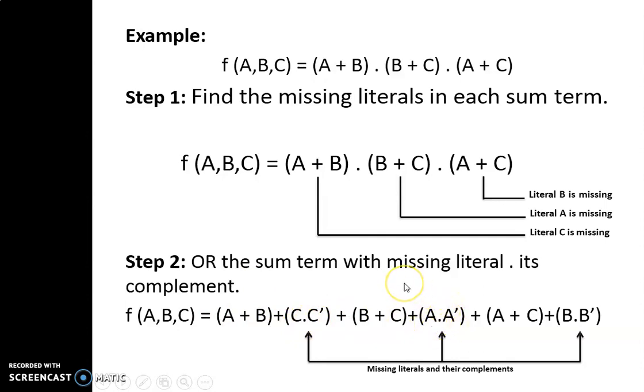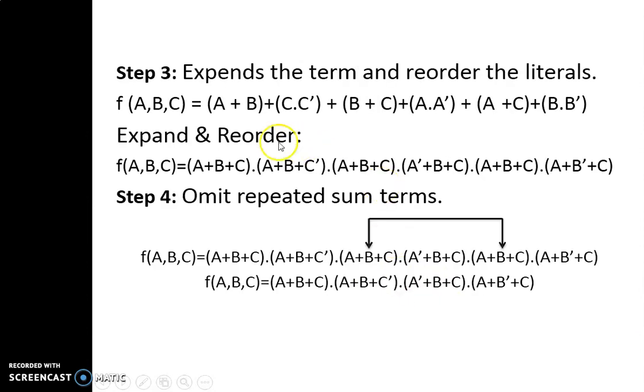After this we have to again simplify the equation. After simplifying, again we consider our rule: what are the repeated terms? In this equation, A plus B plus C, again A plus B plus C. These two terms are repeated, so we consider the term as one.